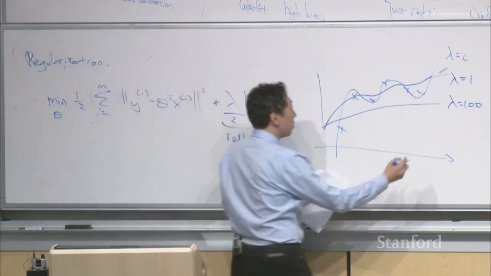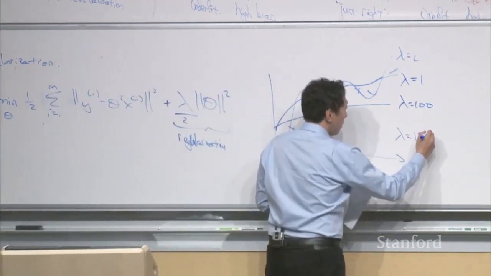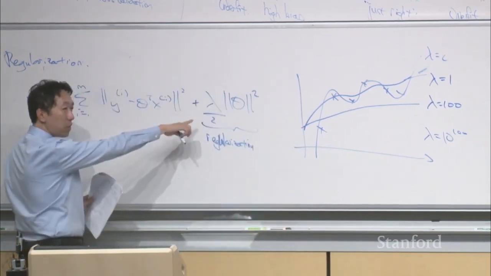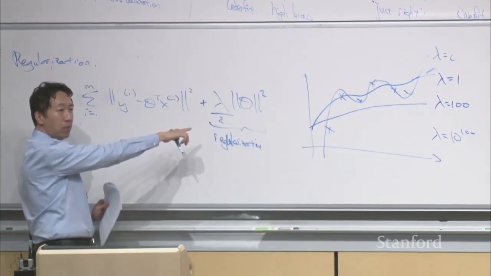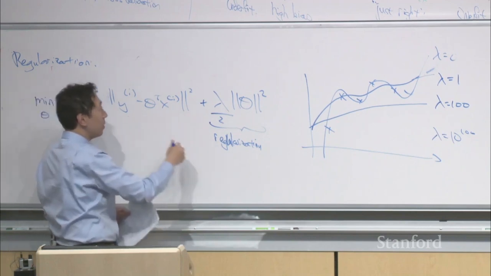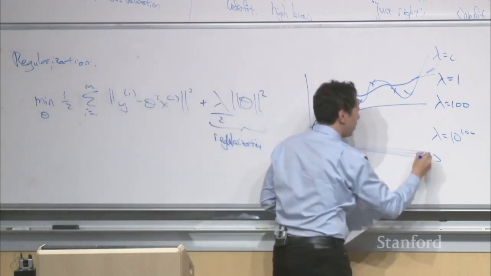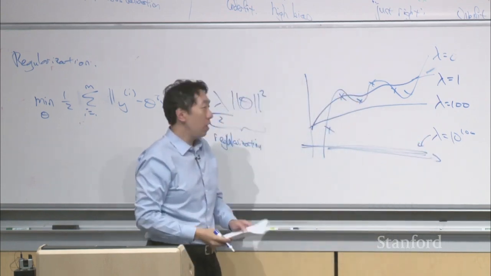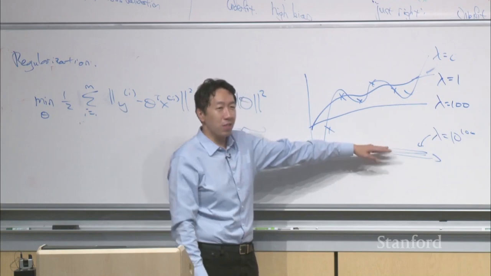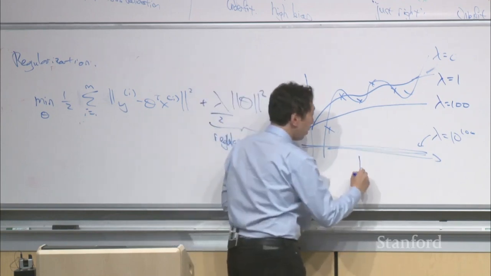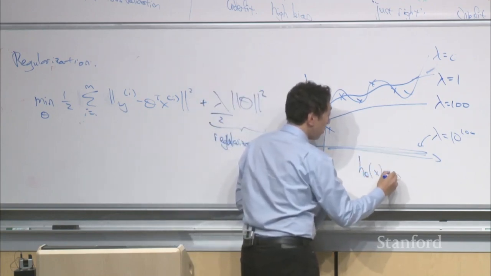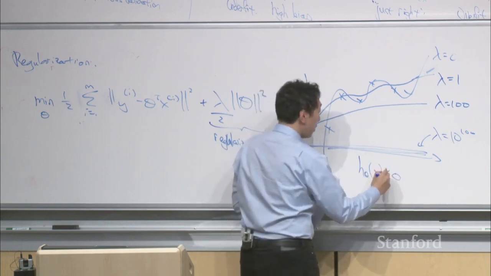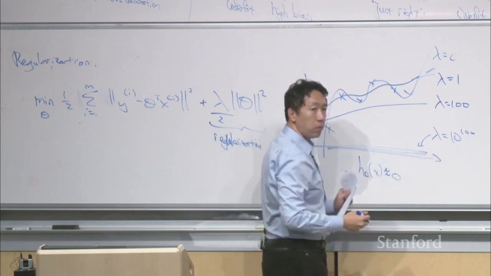In fact, if lambda equals 10 to the 100 or some ridiculously large number, then you're really forcing all the thetas to be 0. If all the thetas are 0, then you're fitting a straight line. This is a very simple function, the function h of theta of x equals approximately 0, which you get if you set lambda to be very large.